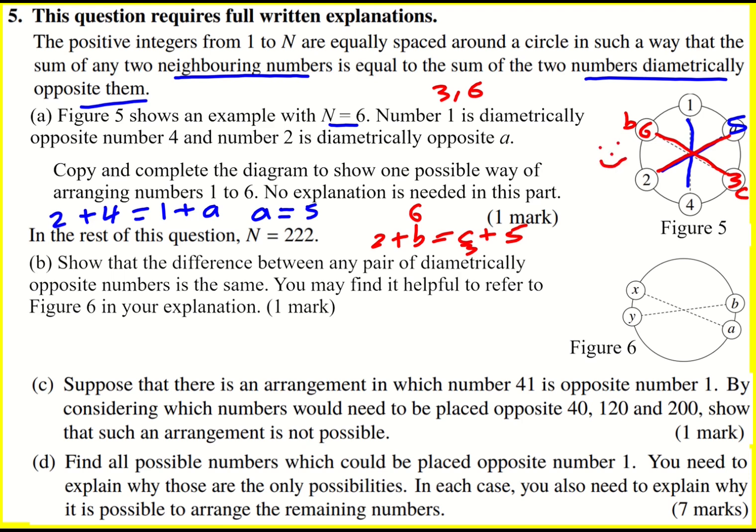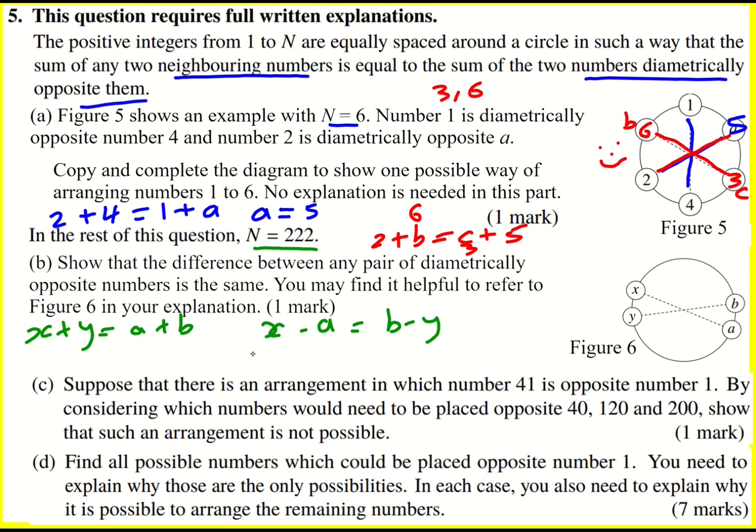From now on in the question, we've got that n is 222. We're asked in part B to show that the difference between any pair of diametrically opposite numbers is the same. So let's look at figure 6. It must be that x plus y is equal to a plus b in this example. And they're just showing a few of the numbers there. So what that means is x minus a is equal to b minus y.